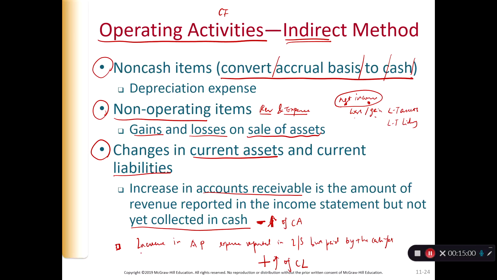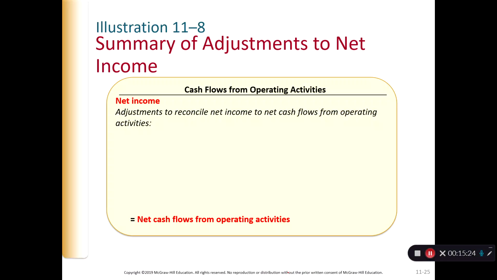And the increase in accounts payable is expenses reported in the income statement, which are already deducted from the net income number, but we have not paid cash yet. So we add back the increase in current liability. If you have a problem with this now, don't worry.